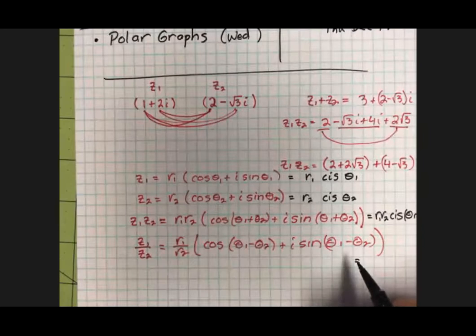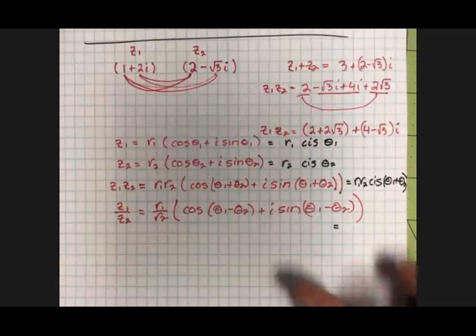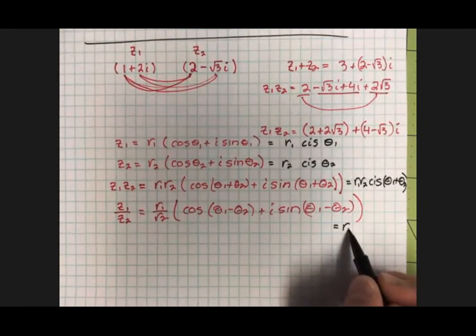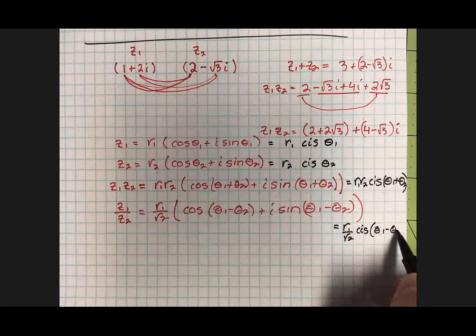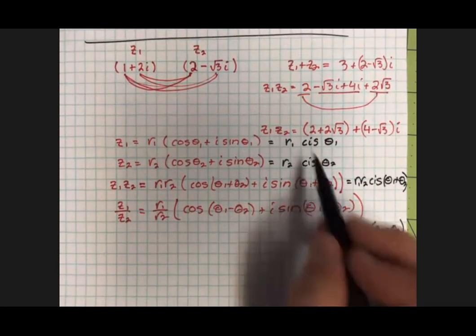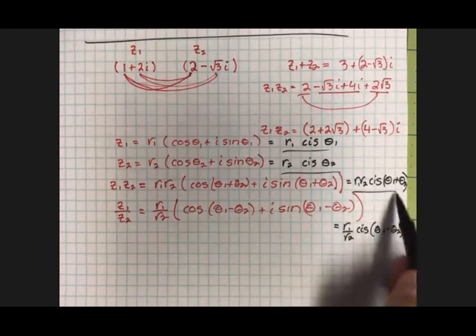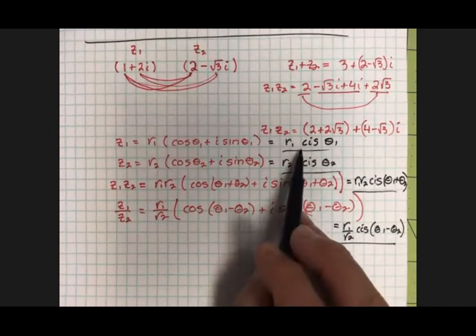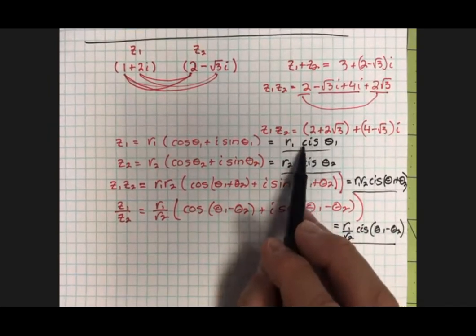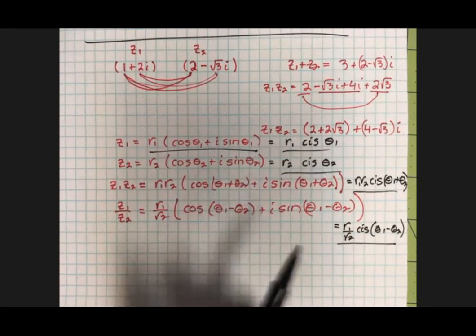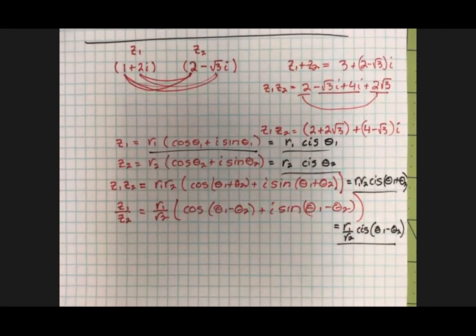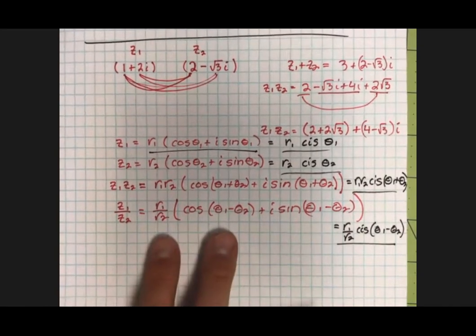That's a little too crowded there, sorry. And R1 divided by R2 cis theta 1 minus theta 2. So don't be afraid to use the shorthand for cosine plus I sine. But that was what we did last time.